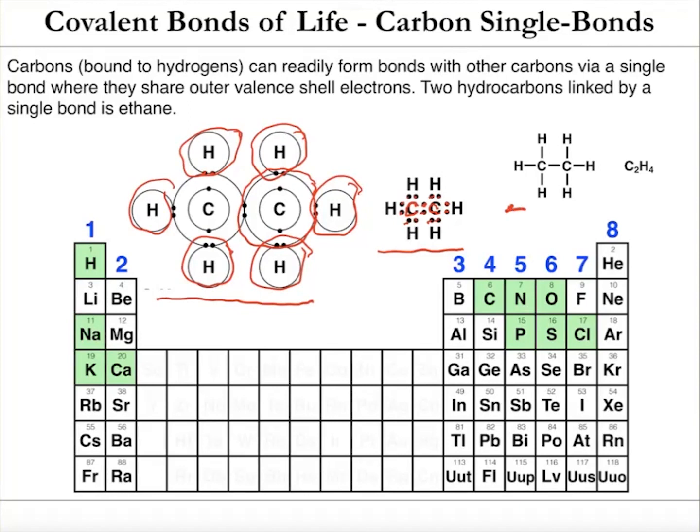So this would be commonly depicted as this molecule right here, which is called ethane, which can also be a component of natural gas. And it's C2H6. So that would be ethane because there's 2 carbon atoms and 6 hydrogen atoms.